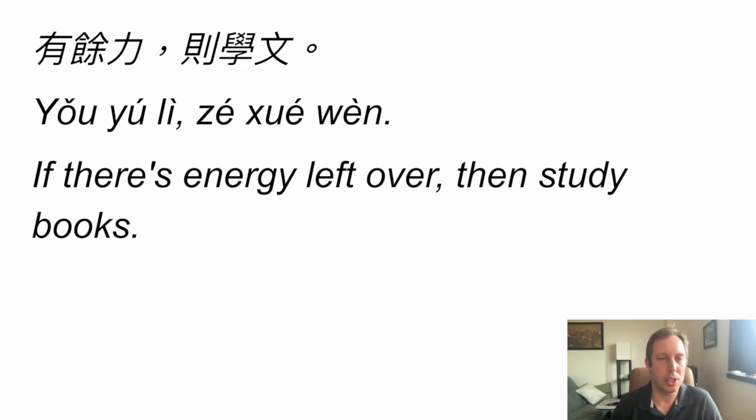It's typically used in if-then phrases, so this implies that the first part of this phrase starts with an if. Anyway, we'll come back to that. 学文 means learn books or study books. So because we have this 则 in the middle, we know at the beginning there should be an if. So 有余力则学文 is translated as if there's energy left over, then study books.